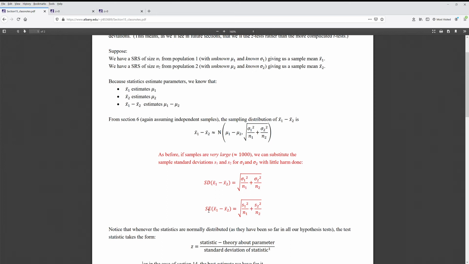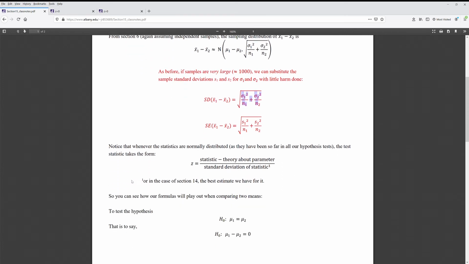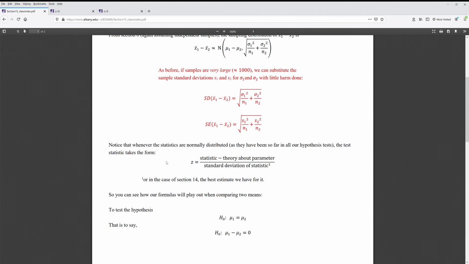But in this section, we won't be using that. We'll just assume that we have all of this information, and that'll make things a lot simpler. This just summarizes what I said in previous sections, that in any of these sections where a statistic is normally distributed, this will get a little complicated later in the course, but if the statistic is normally distributed, then you get the test statistic, which is z, by taking the statistic, subtracting your theory, and dividing by the standard deviation of the statistic.